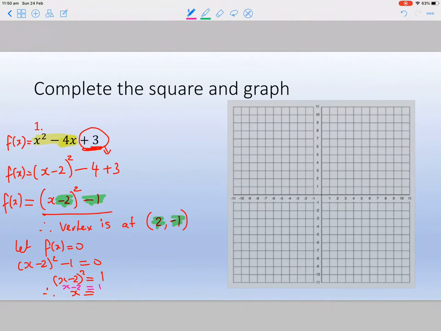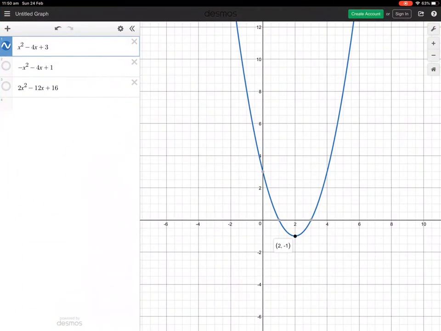So we've square rooted both sides. So one answer will be x equals 1, and the other answer will be x equals minus 1, I'm pretty sure. And let's just check if that's the case here.